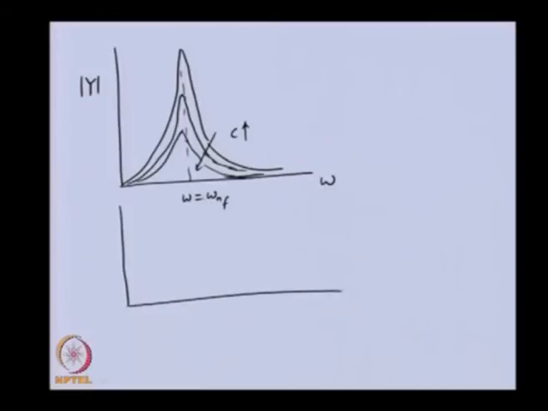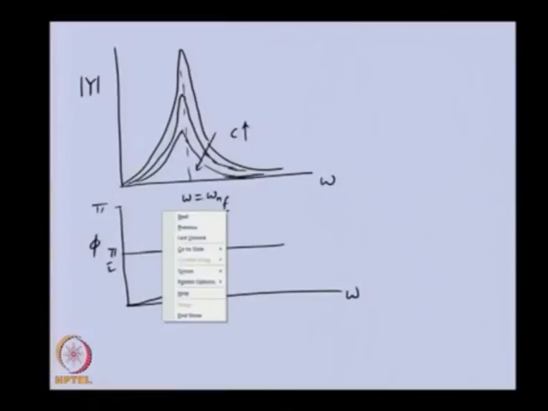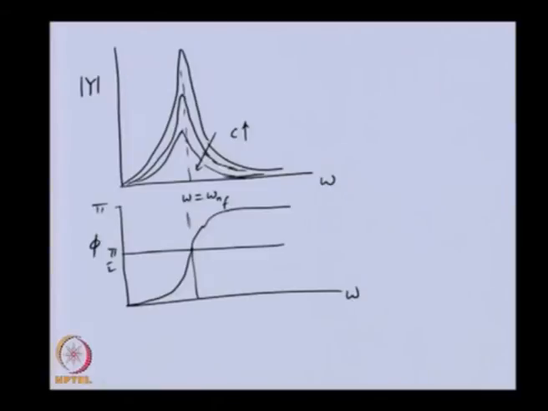When we see the phase, let us say this is pi by 2, this is pi. So, the phase would change for different damping like this.